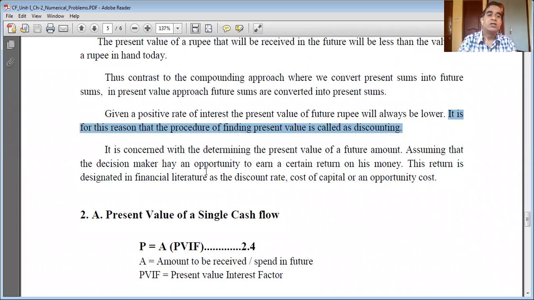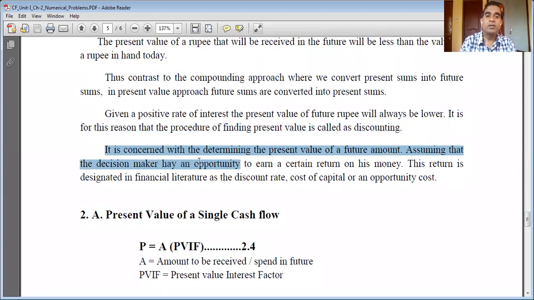It is concerned with determining the present value of a future amount, assuming that the decision maker has an opportunity to earn a certain return on his money. Why do we need to convert future sums into present sums, or present sums into future sums in the compounding technique? Since both are not equal, you need to bring them to a common platform for the purpose of comparison.